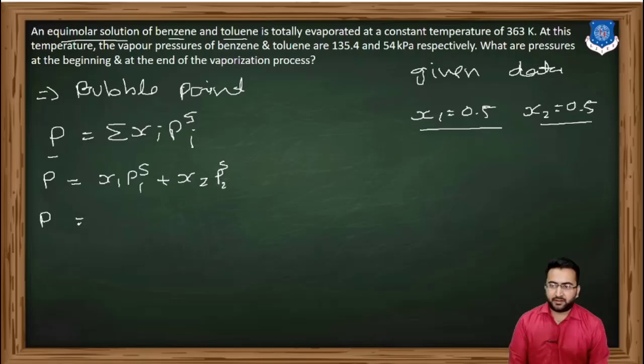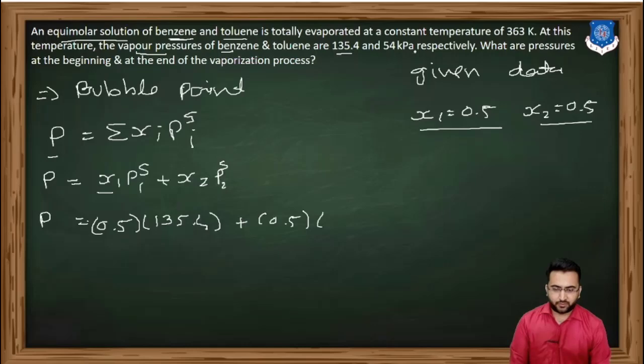Now P is equal to x1, which is 0.5, times P1, where component 1 is benzene, so the vapor pressure for benzene is 135.4, plus x2, which is 0.5, times P2, the vapor pressure of toluene, which is 54.